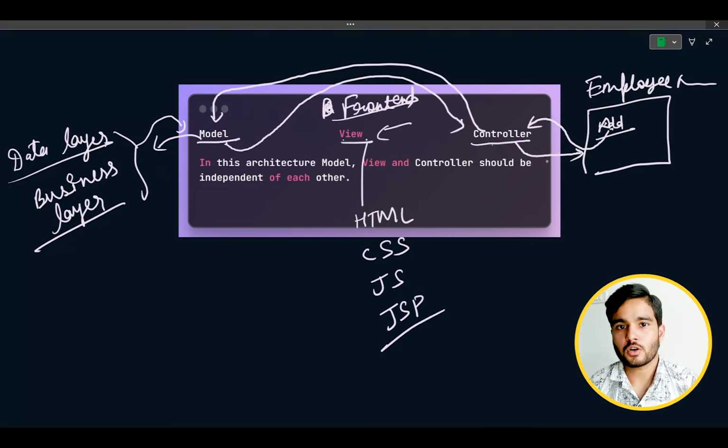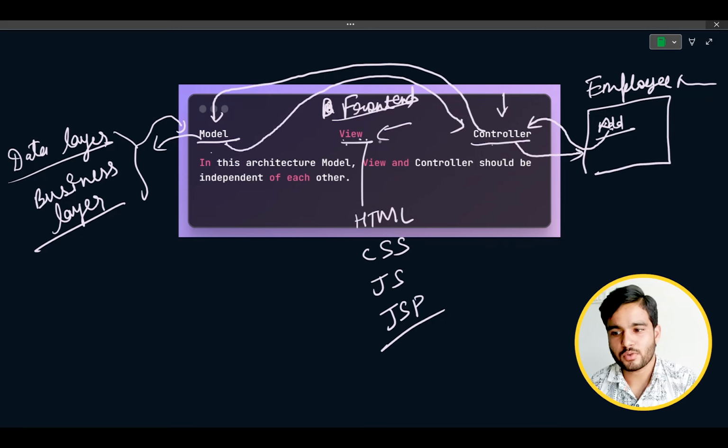So that's the work of the controller. The controller is the most important component between the model and view. It basically uses the model and view components for smooth interaction between the user and the back end of the software. So I hope this thing is clear.